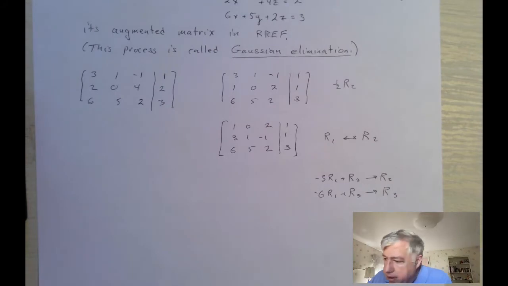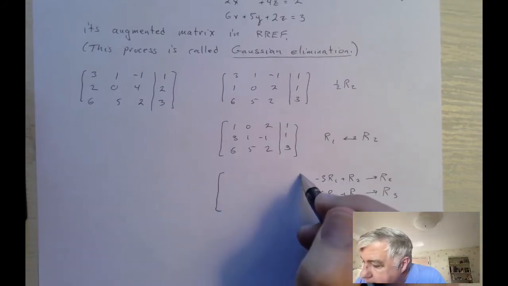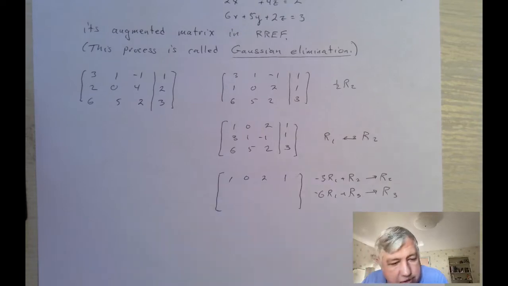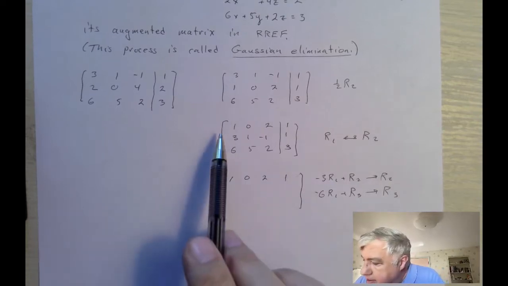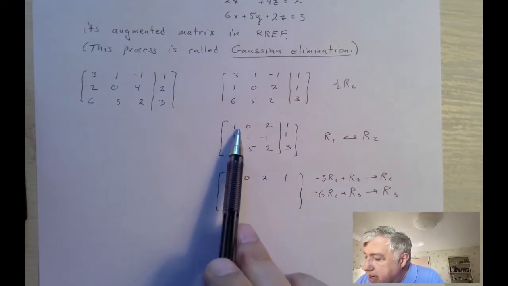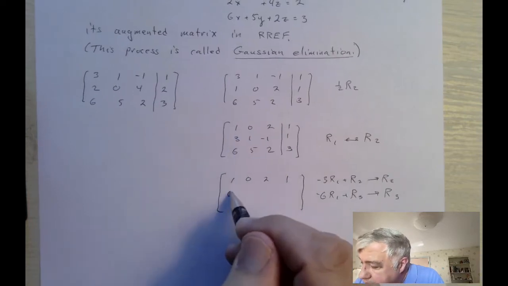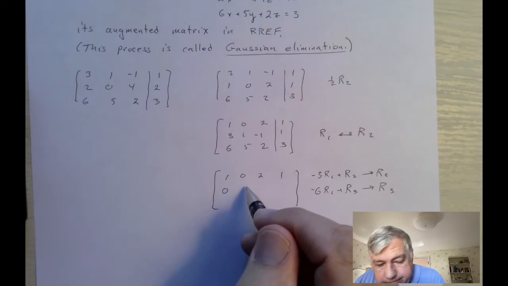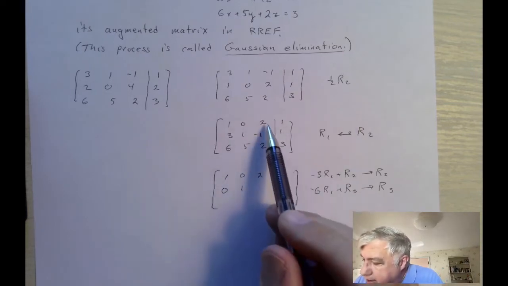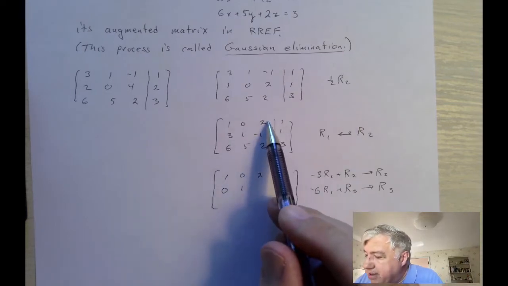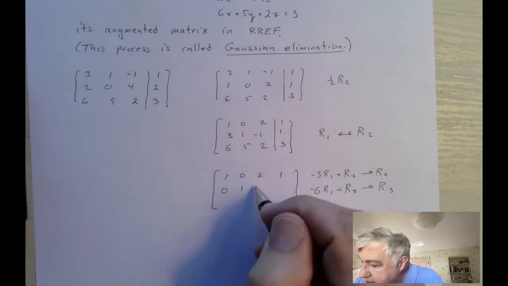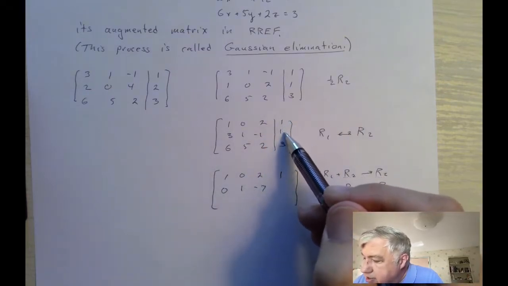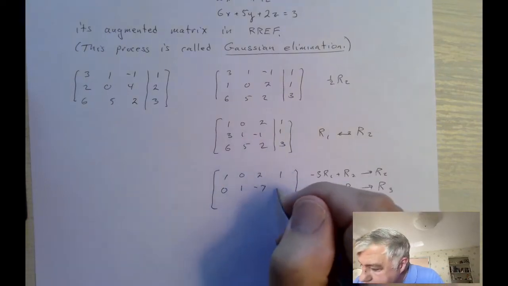Okay, if we do that, the first row is still unchanged. And then for the second row, we multiply by -3. So -3 plus 3 is 0. -3 times 0 plus 1 is 1. And -3 times 2 is -6, plus -1 is -7, and then -3 plus 1 is -2.